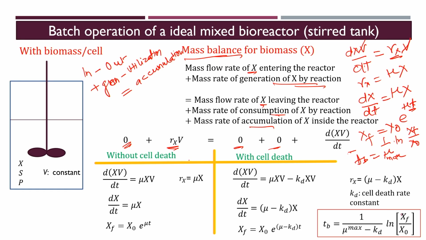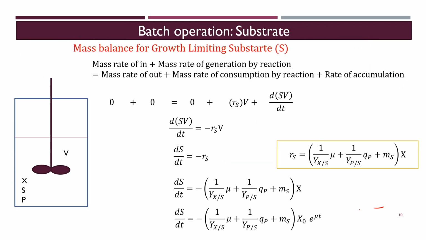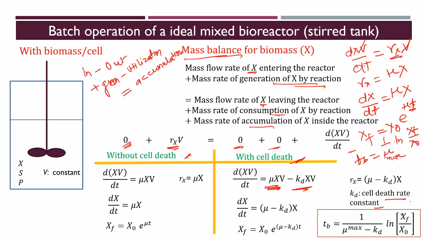Here we consider there is no cell death, but in actual there will be cell death. So, how to incorporate the cell death? We say dXV upon dt equals mu x V minus kd into x into V, where kd is the cell death rate constant, or you can say R equals mu minus kd into x.